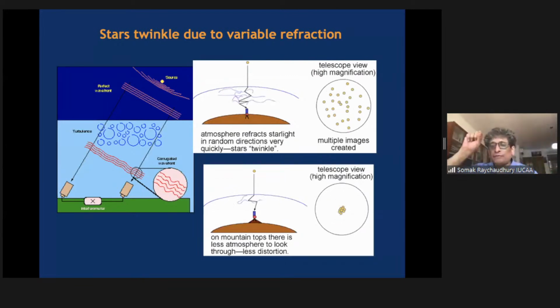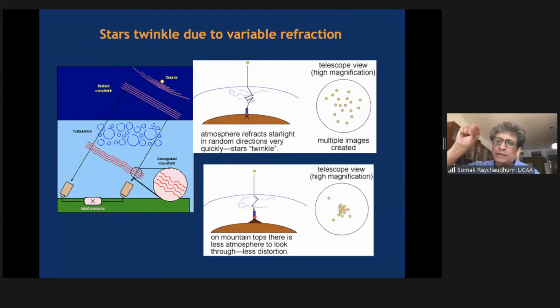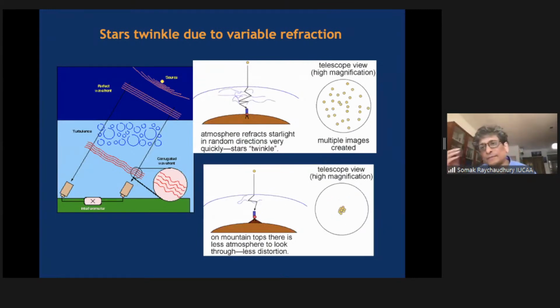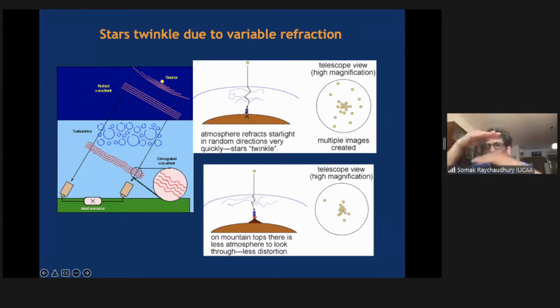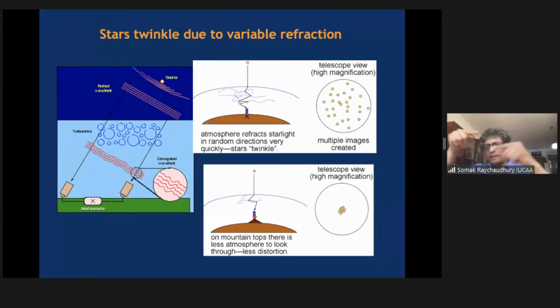In fact, if you sit at any point in the atmosphere, things are changing of the order of many times a second. So the refractive index, which is a function of temperature, pressure, and density, is changing. So this poor beam of light that is coming to you is coming through all these different layers, and they're all changing, and it's being refracted, and the refractive index is changing. So it comes in a zigzag path to you.